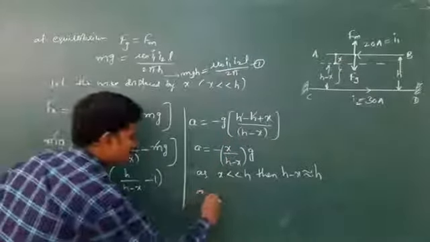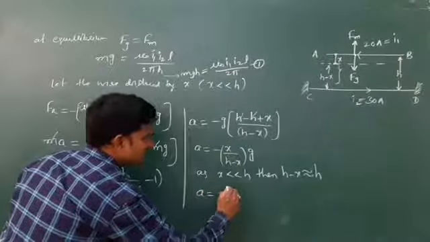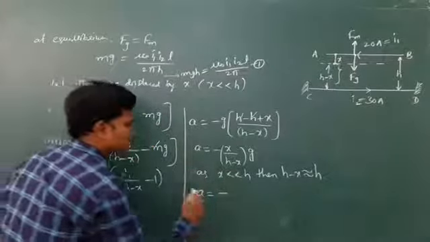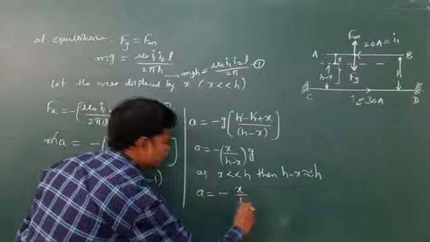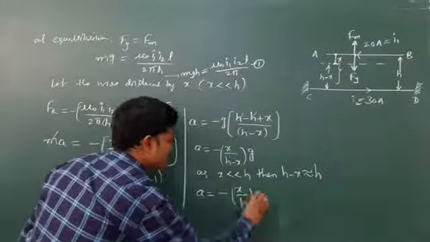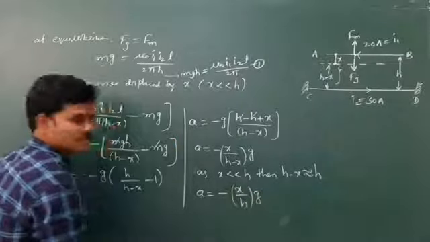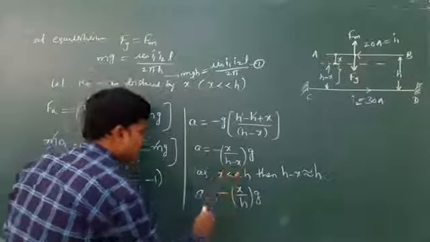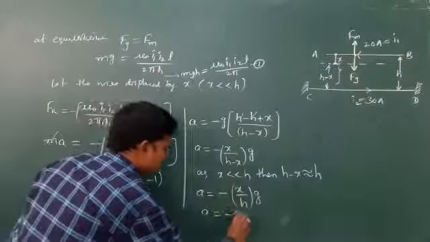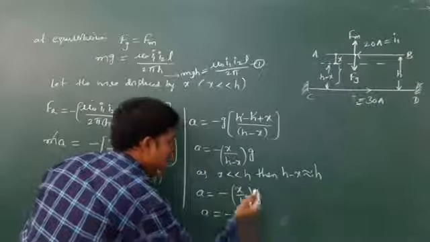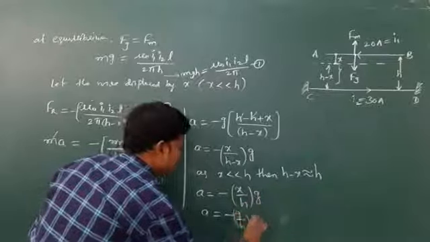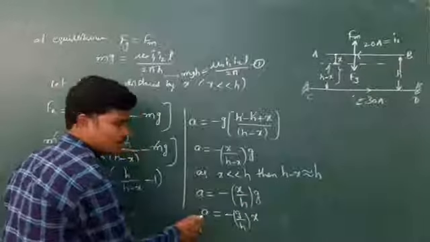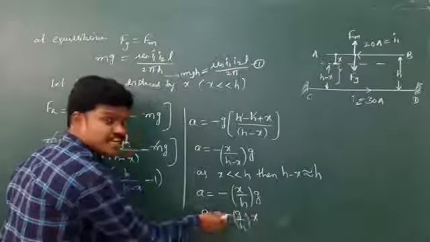So we can write A is equal to minus x by h into g, that is, A is equal to minus g by h into x. So acceleration is proportional to displacement and opposite in direction.